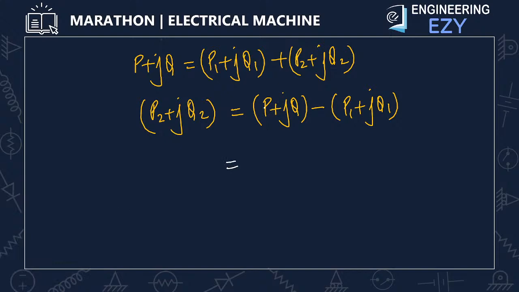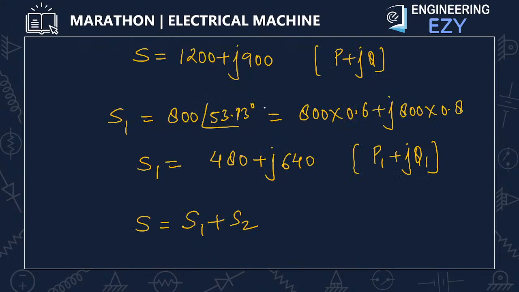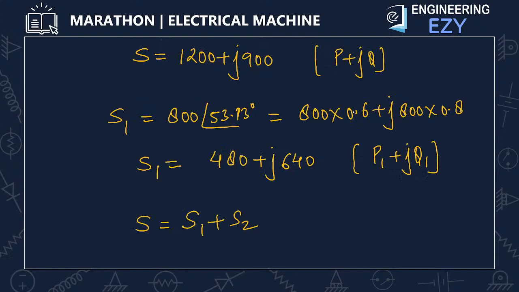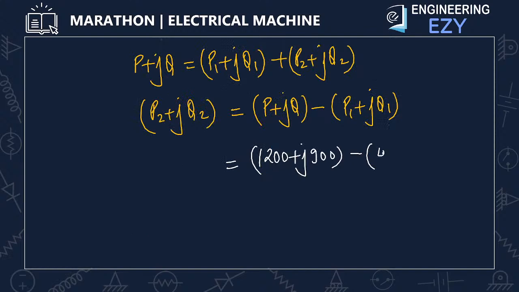It is 1200 plus j900 minus P1, 480 plus j640.